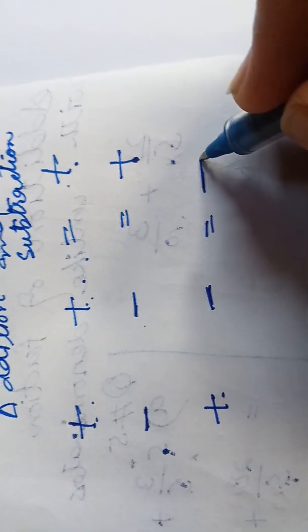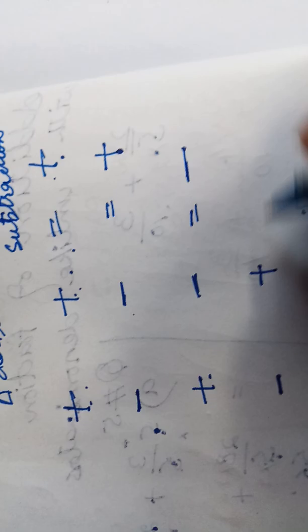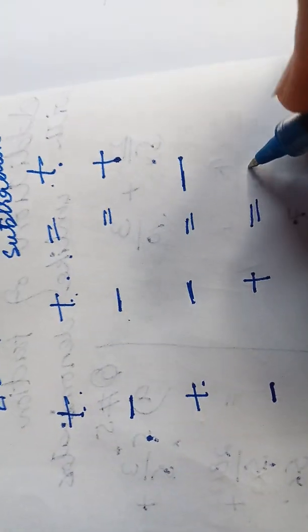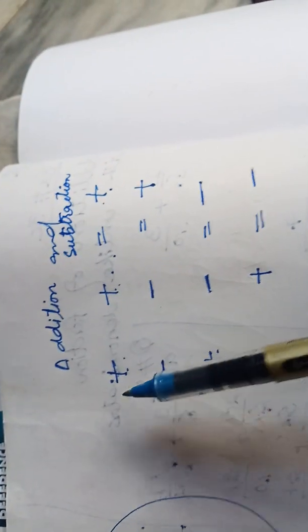And if you have two numbers with different signs, if one has the sign of positive and the second has the sign of negative, the numbers will be subtracted. If the first number has the sign of negative and the second number has the sign of positive, the numbers will also be subtracted. You can say that plus plus plus, minus minus plus, plus minus minus, and minus plus minus.